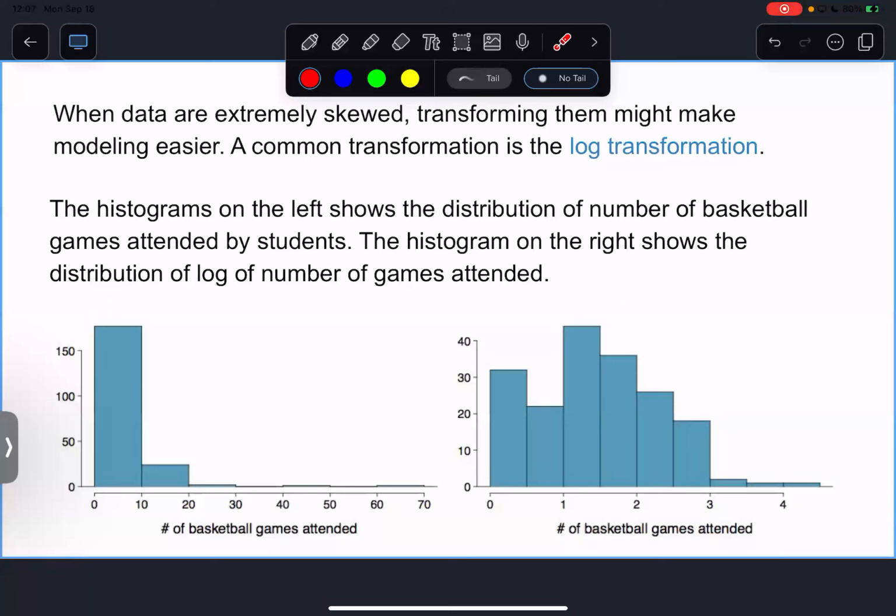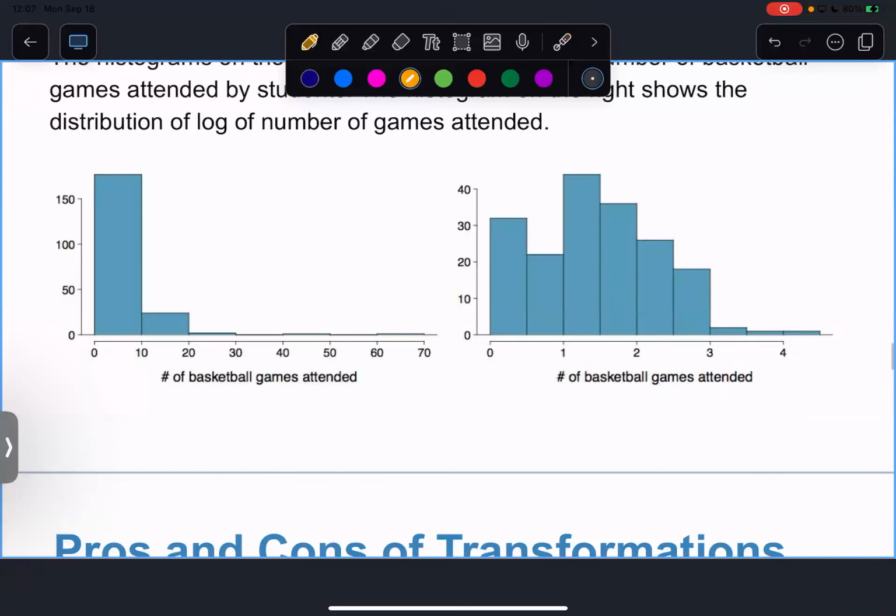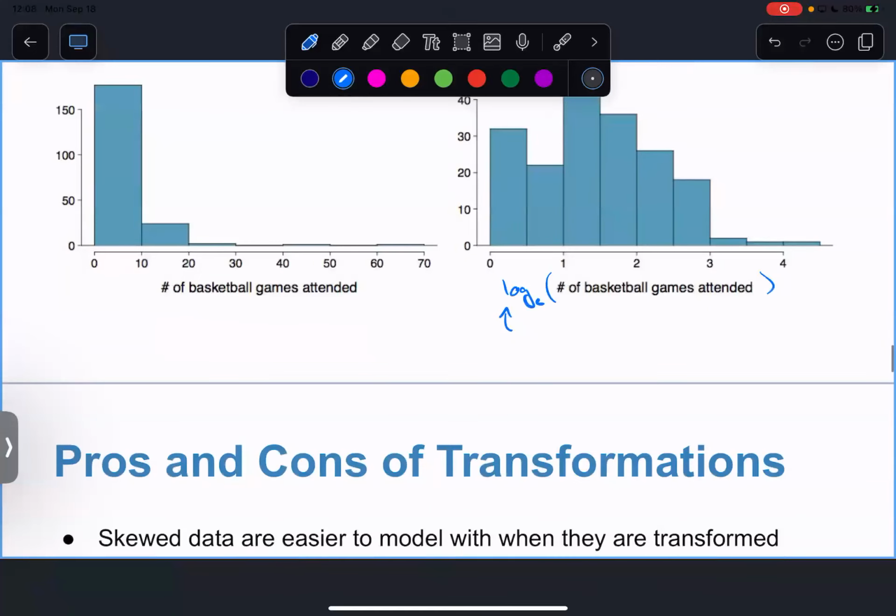Now in stats, the only log that exists is the log base E, so the natural log. Which gets confusing because I usually just write log, but I mean log base E. I'm not going to worry too much about it, but this is log base E or ln, the natural log.